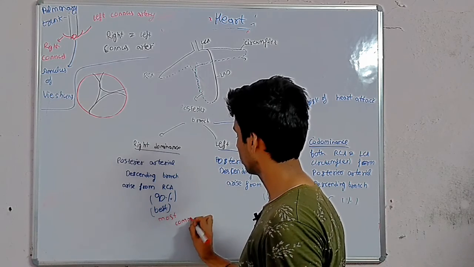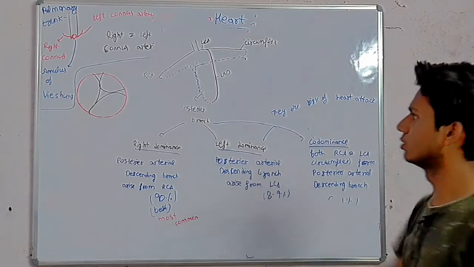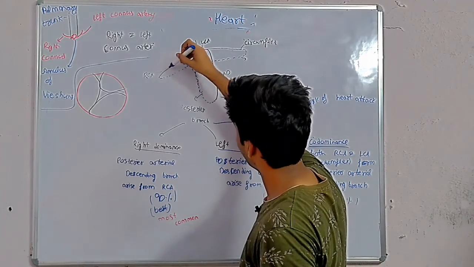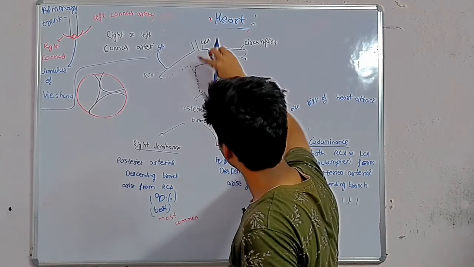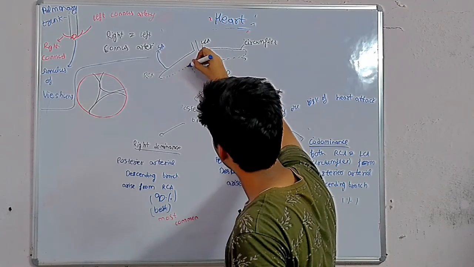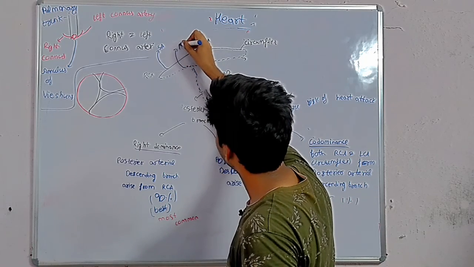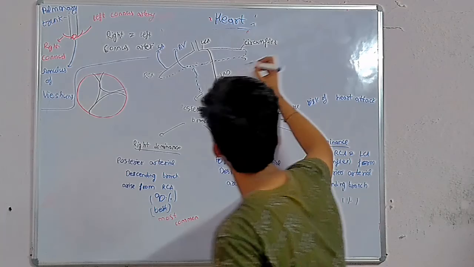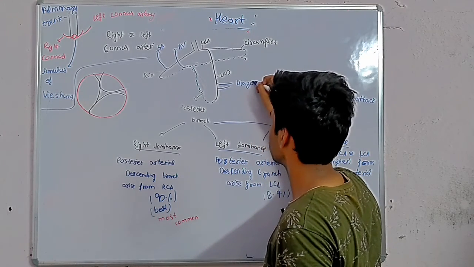Note this arterial circulation. From here we know the nodal branch, for the SA node here is normal. A branch goes to the AV node. Diagonal branches are multiple, not only single.